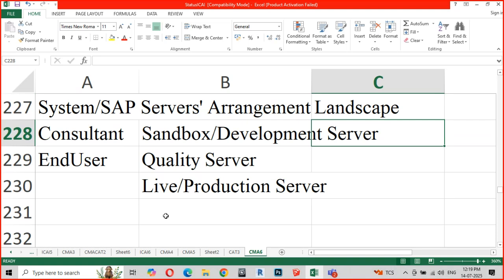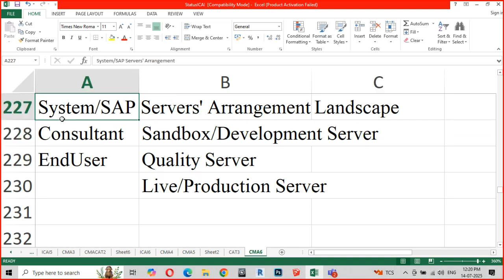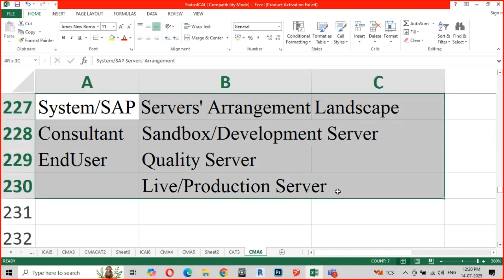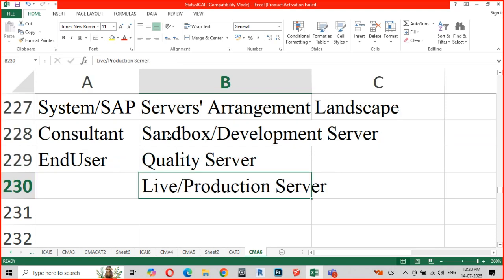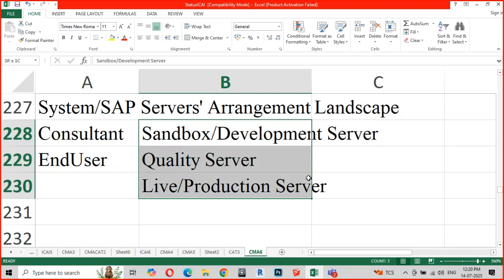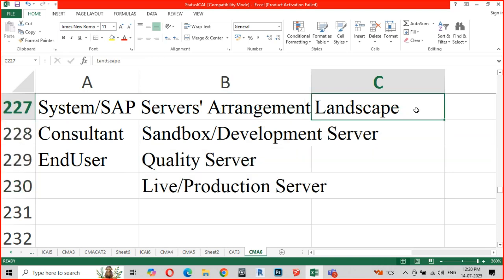This was the last part of the SAP project development. So this is your server arrangement, which is also called landscaping. Nothing but the geography of the project. Clear?